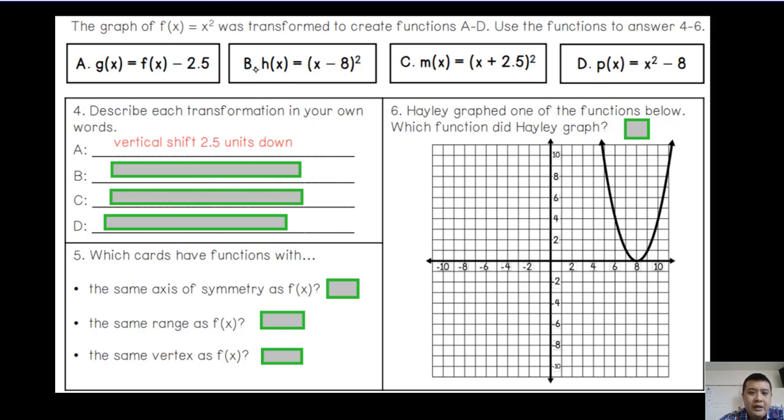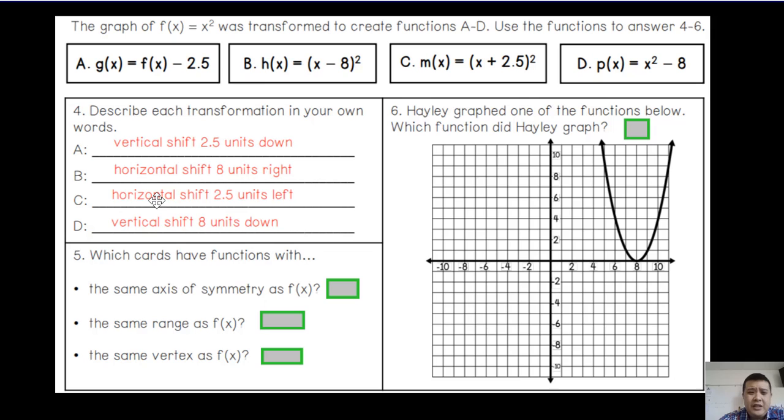Here we're subtracting 8 in our inputs, which means we're going to go to the right 8 spots. Go ahead and try C and D out on your own. You should have found that C is a horizontal shift of 2.5 units and that D is a vertical shift of 8 units down.